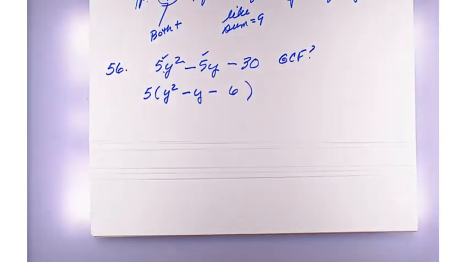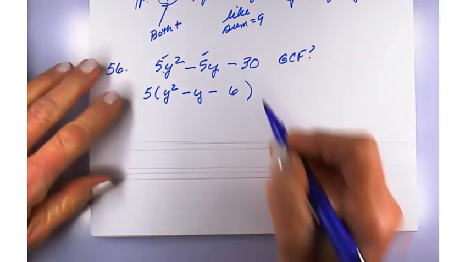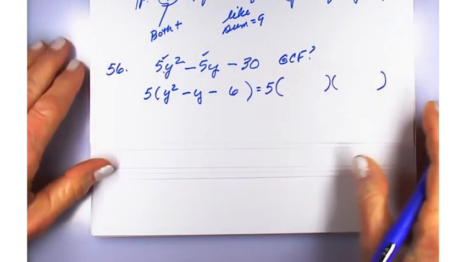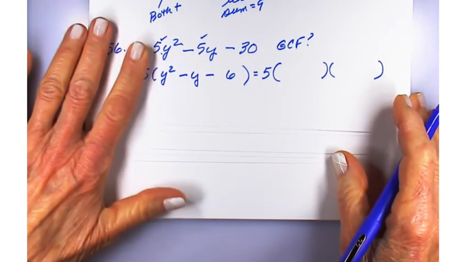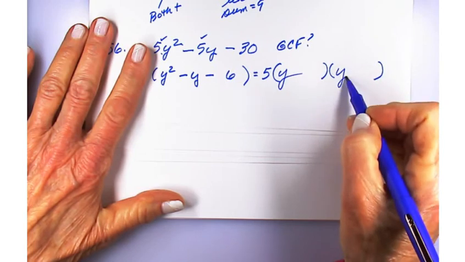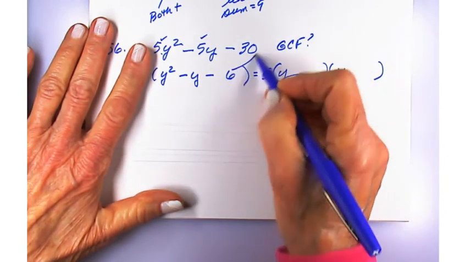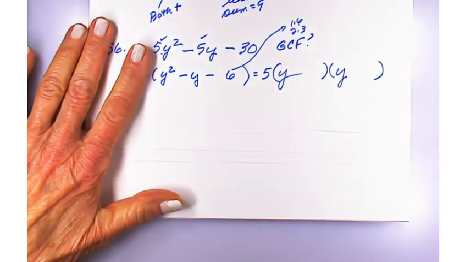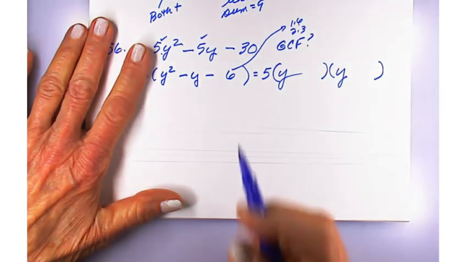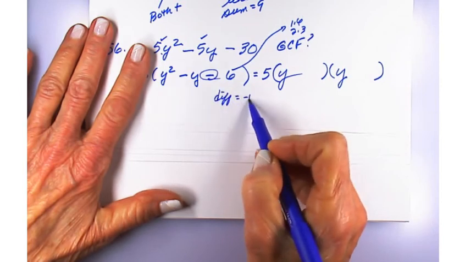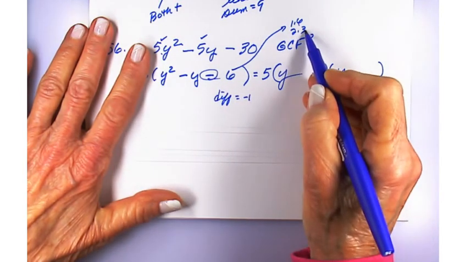Good job. So now we have 5 and we have 2 scoops, everybody. I'm covering this up. Y squared factors into y and y. And 6 is 1 and 6 or 2 and 3. Okay? So I look here. I need a difference of negative 1. 3 minus 2 is 1.